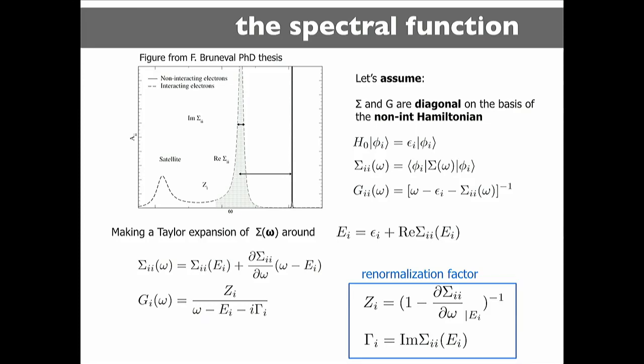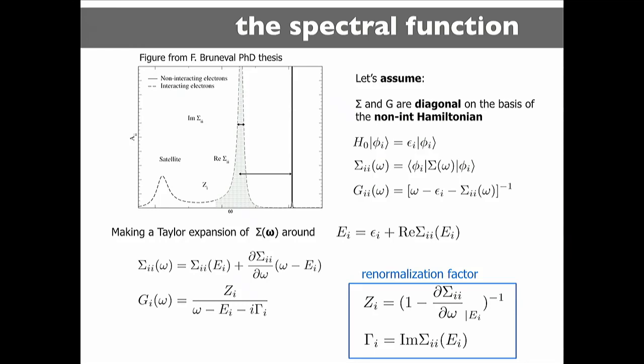Then we put in a self-energy, and here we can simplify the exercise, assuming that the self-energy is diagonal on the basis of states that also diagonalize the Hamiltonian. So this becomes a scalar problem. We can have a Taylor expansion around this point here, epsilon_i, the non-interacting eigenvalue, plus the real part of the self-energy. We do the Taylor expansion, and we end up with this form here of the Green's function.